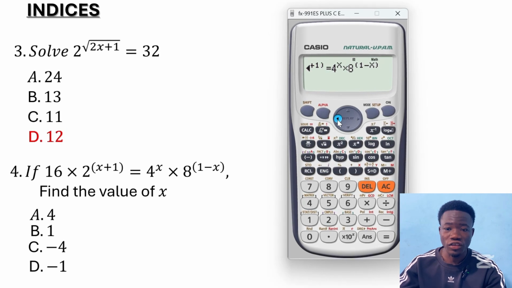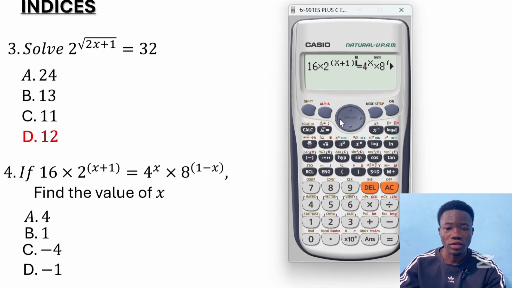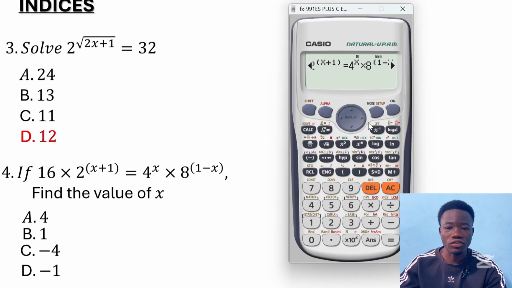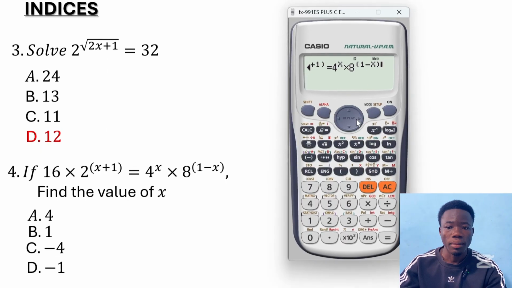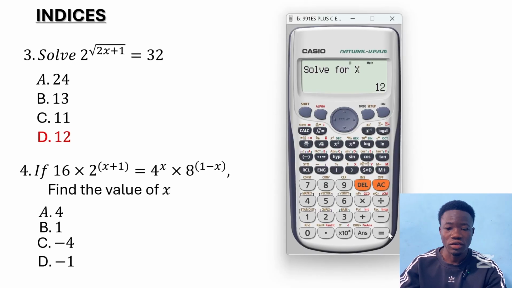So you need to cross check if everything you have put is correct. You can use the arrow key to do that. After doing that, just solve the equation by pressing shift and solve, which is calc, and equal.